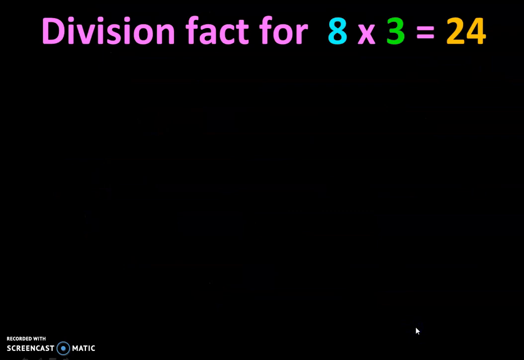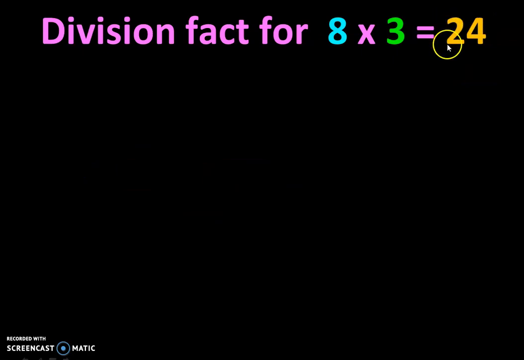Next is our division fact. Division fact is when we are given a multiplication fact, that is 8 3s are 24, we'll be using our division fact. When they are asking for a division fact, you will be having the division symbol. Always keep it in mind.